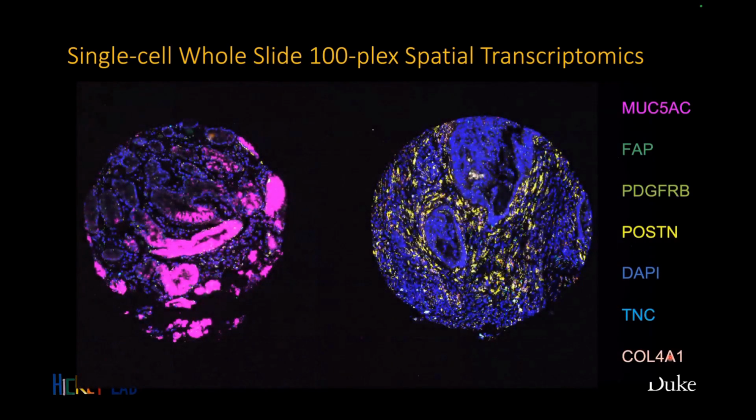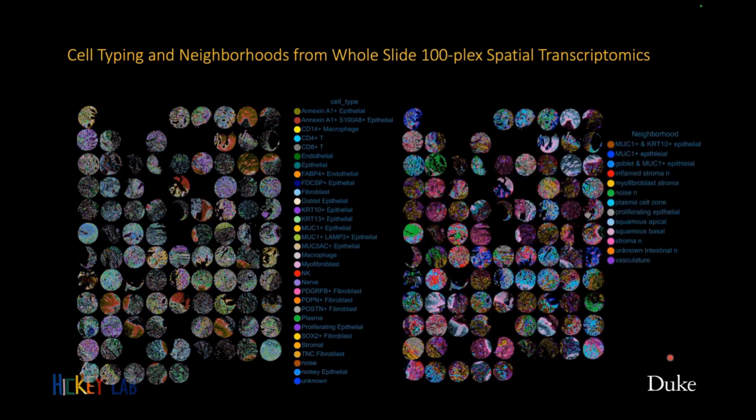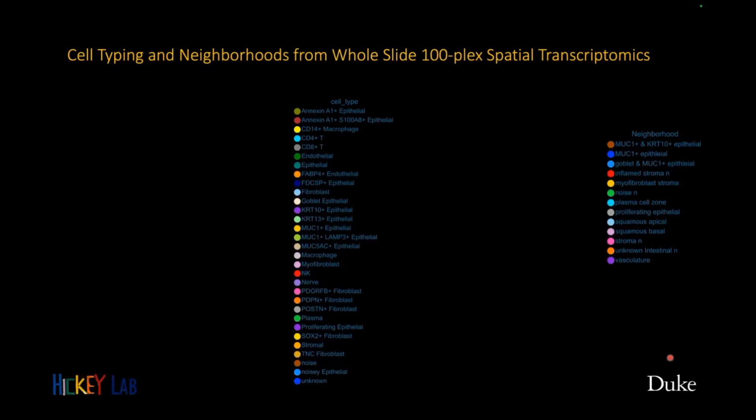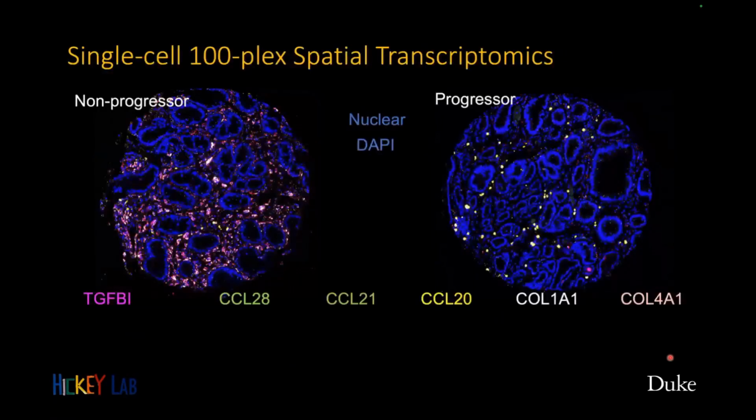We can see that we get good expression of the different markers in the different samples to understand more molecularly what was going on behind this. And from this, we can also identify individual cell types and individual neighborhoods that might overlap with our Codex-derived ones. And you can see that there are major differences between our pre-progressors and progressors.